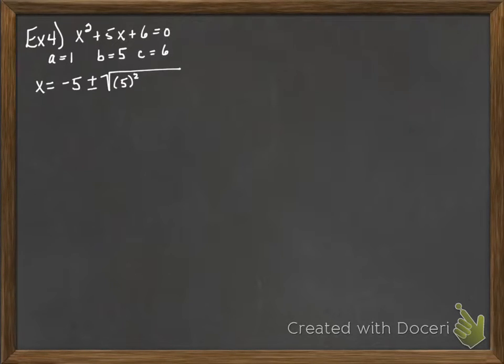Always put that in parentheses. Minus 4 times a. Always put my a in parentheses. Times c. Always put my c in parentheses. All over 2 times a. Always put my a in parentheses. Anything that I'm plugging in is extremely good practice for you to put parentheses around it.